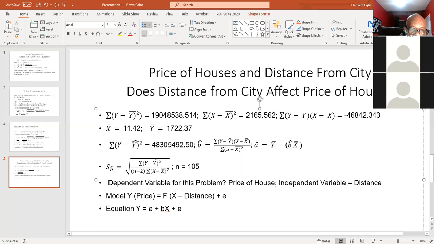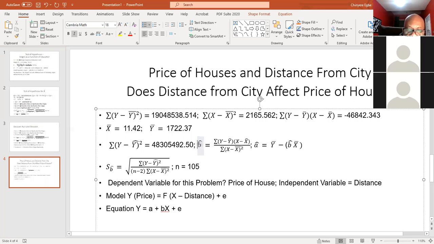If B is a negative number, that means as the distance from the city goes up, the price goes down. If B is a positive number, that means as the distance from the city goes up, the price goes up. We don't know. We have to find out through estimation.